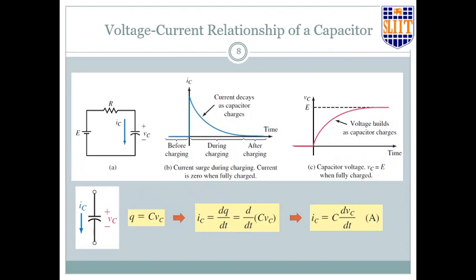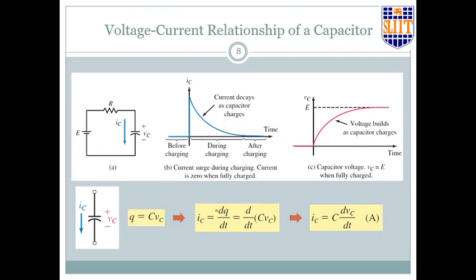Right, so the charging, the voltage current relationship is given by this equation. Now Q is equal to CV, right, and I is equal to dQ by dt, the rate of change of charge, or rather charge transfer, is the current.